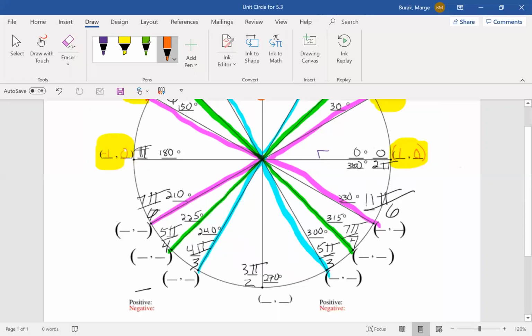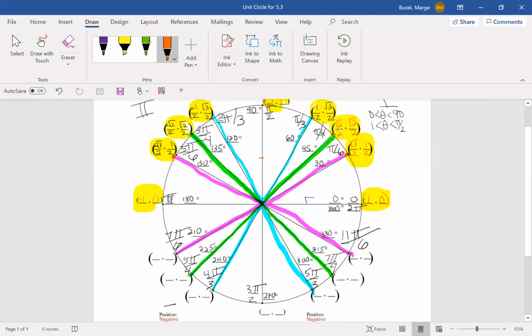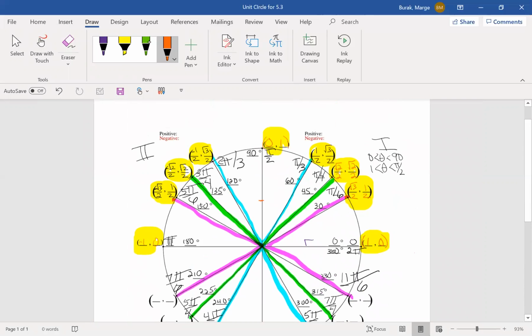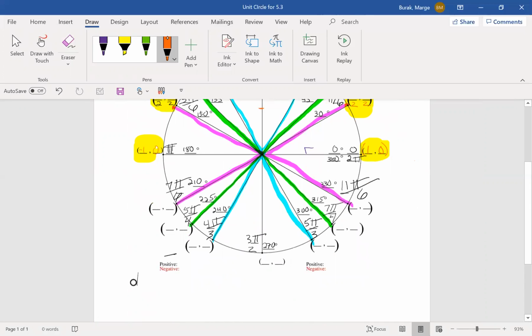So here, let's go ahead and fill this in on your unit circle. Right here, sine and cosine are positive, and negative is nothing. Here we have a positive sine but a negative cosine. That's quadrant 2. In quadrant 3, nothing's positive. We have a negative sine and a negative cosine.